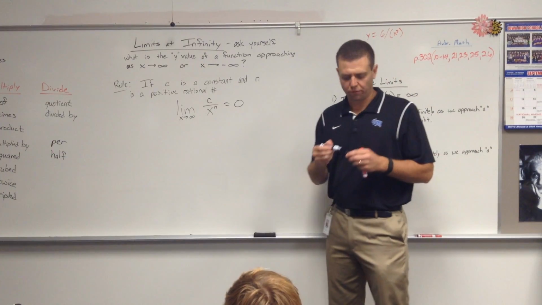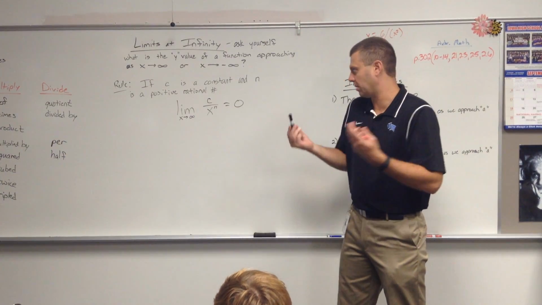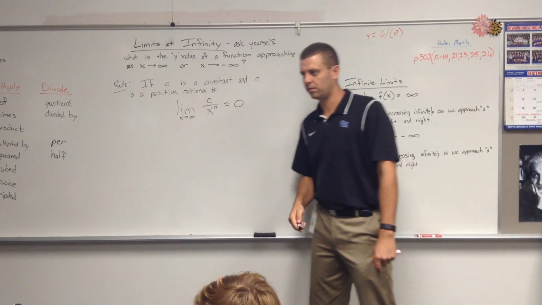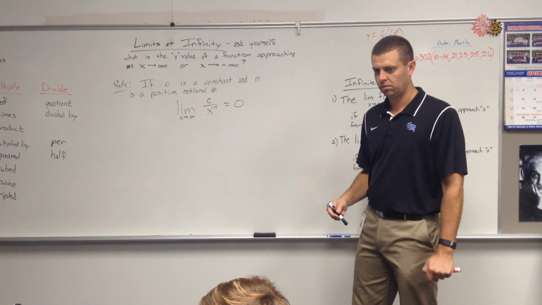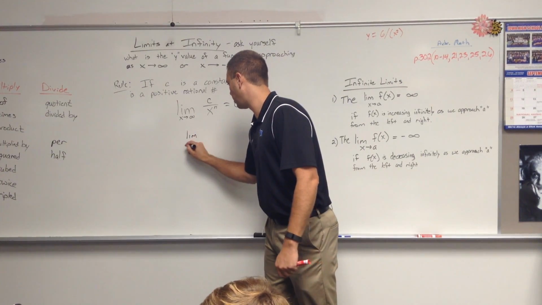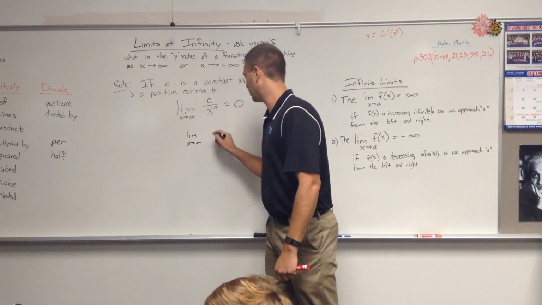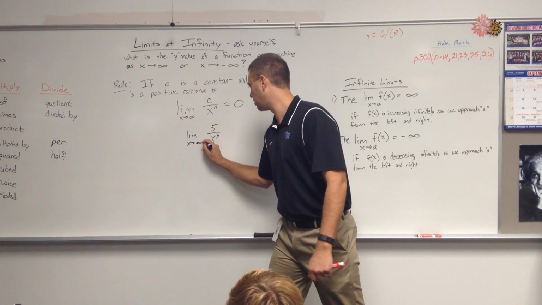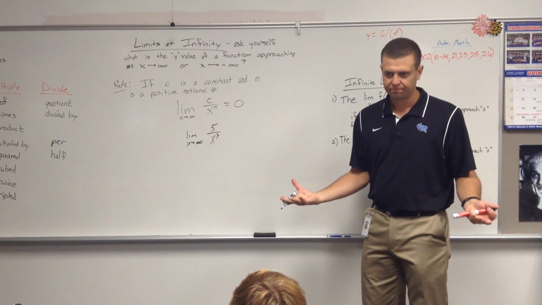This is very similar to the first function I gave you, the 1 over x, except I'm saying it works for any constant over some power. If the variables are confusing you, I could write up a whole bunch of these. What's the limit of 5 over x to the third as x goes to infinity? 0.